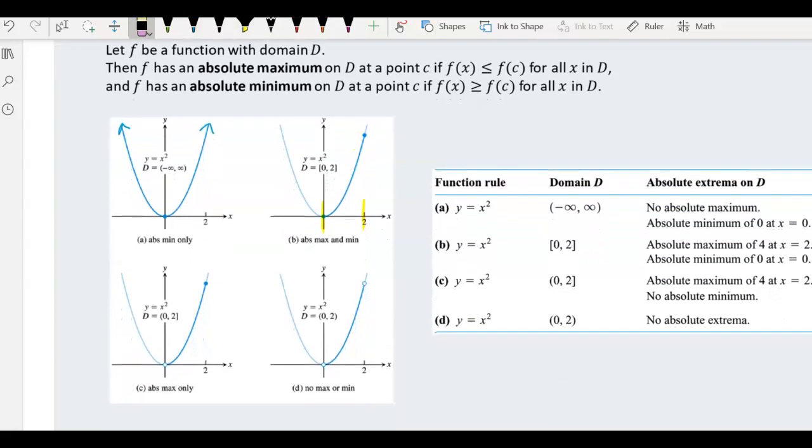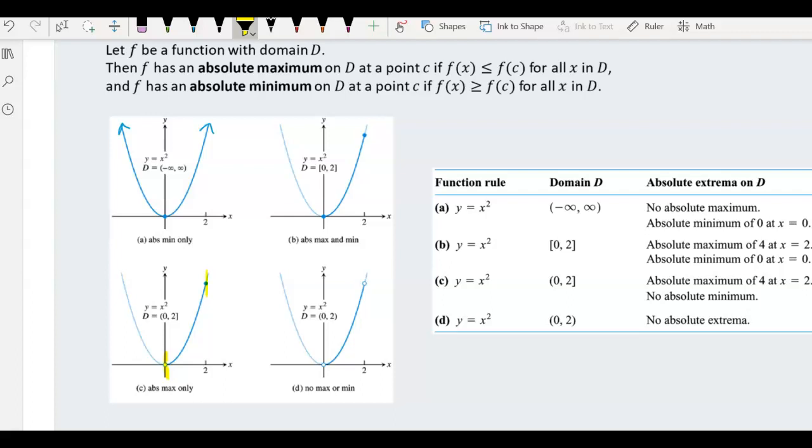Looking at the third example, letter C, in this case, we're restricting the domain to be everything right up to but not including 0, and then going up to x equals 2.